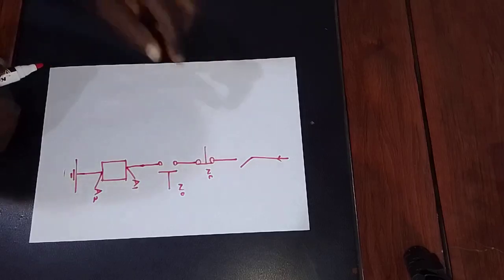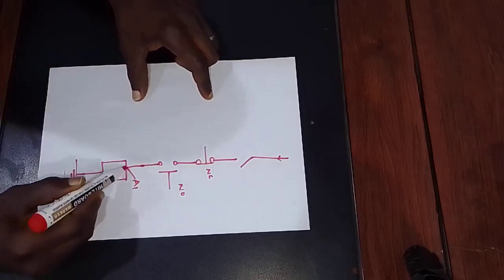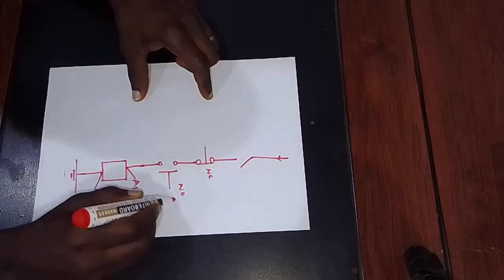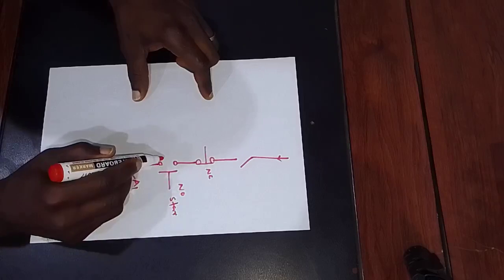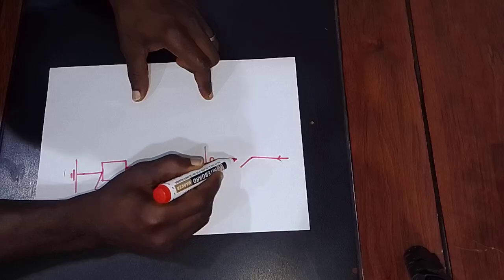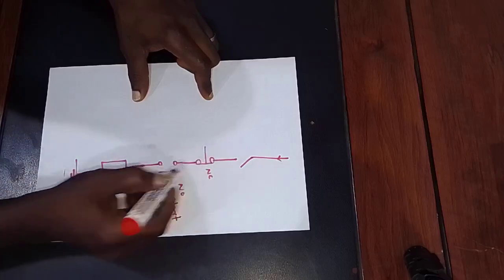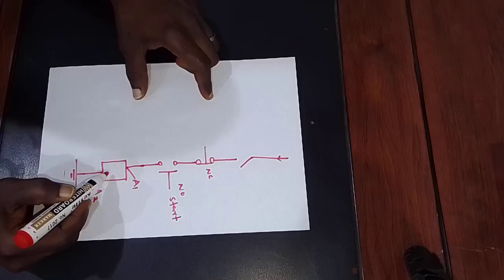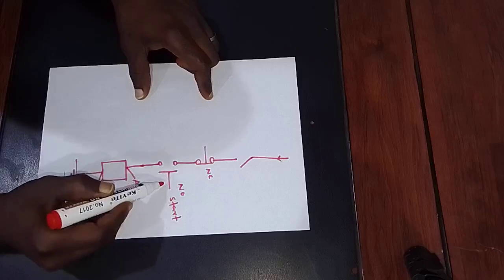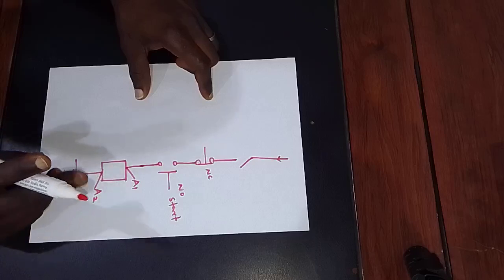Now, like we all know, for this coil to be energized, we need to push the start push button. When the start push button is pushed, with the breaker closed, it creates a pathway to energize the coil. But as soon as the start push button is released, the coil of the contactor is de-energized.